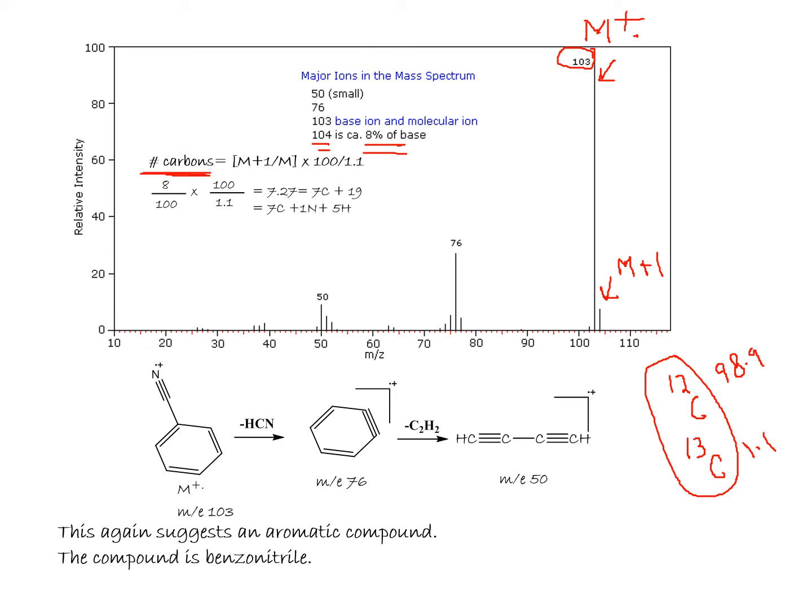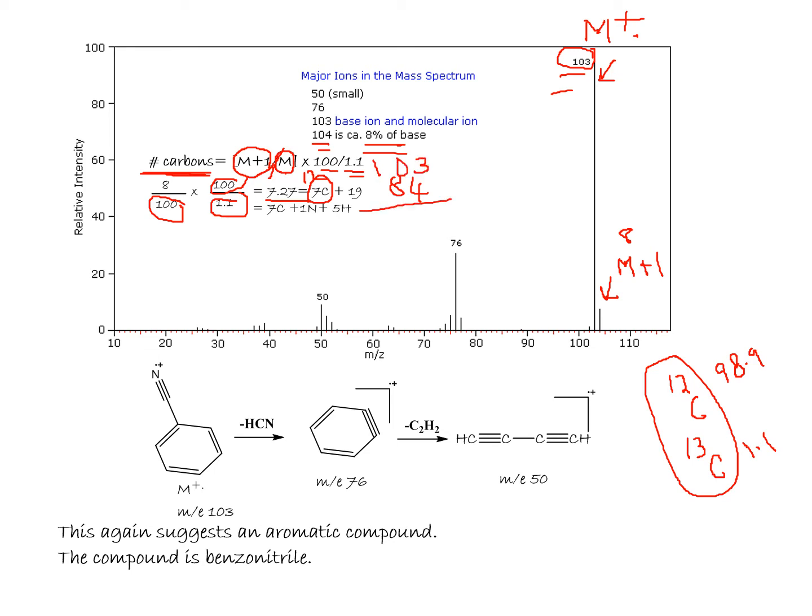So we can go back here and say the number of carbon is the intensity of M plus 1 divided by the intensity of M, times 100 divided by 1.1. 8 divided by 100 times 100 divided by 1.1 equals 7.27, which means that you have 7 carbon. 7 carbon means 12 times 7 is 84, and you have a molecular weight of 103.